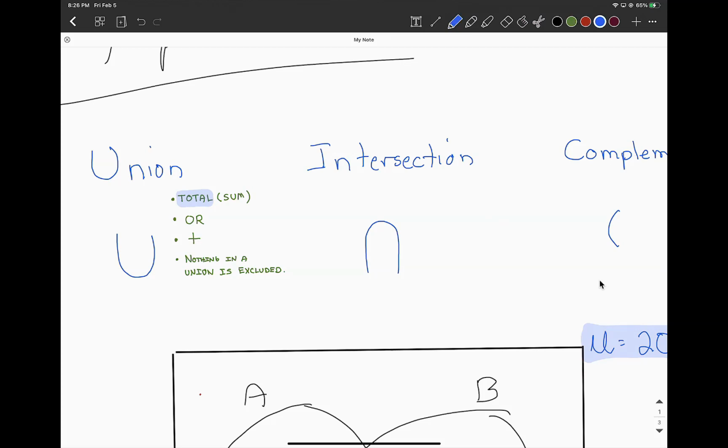Intersections ask for a different thing. Some of the key words that we work with: intersection will always be connected to the word and. And it's definitely part of a scenario where we have to look at the overlap, where things have to both be true.